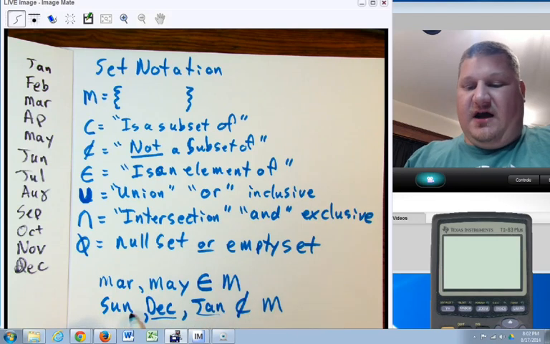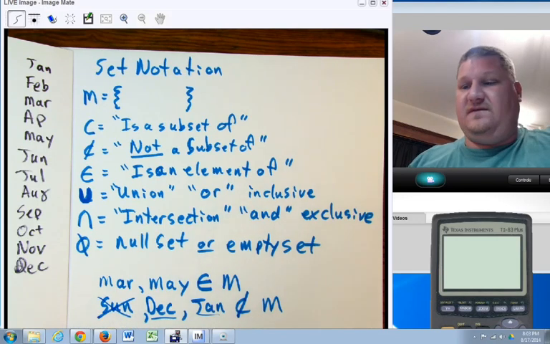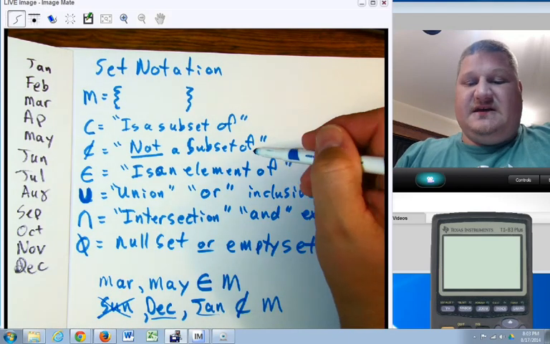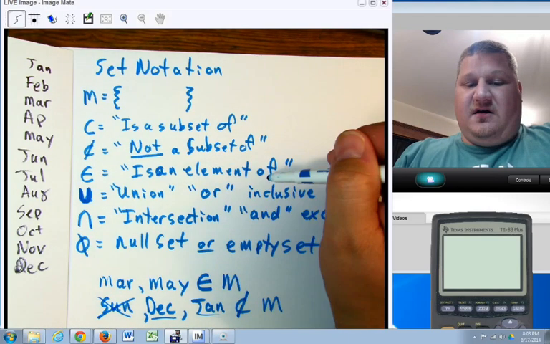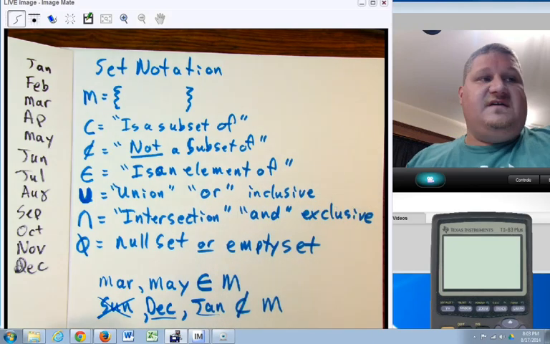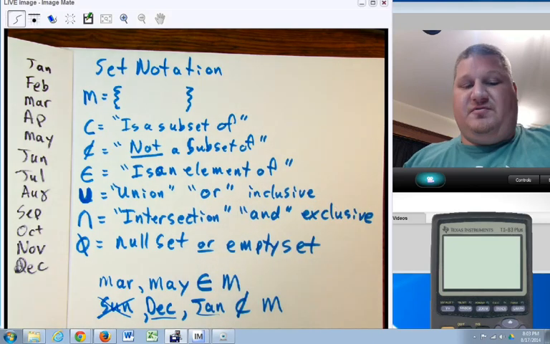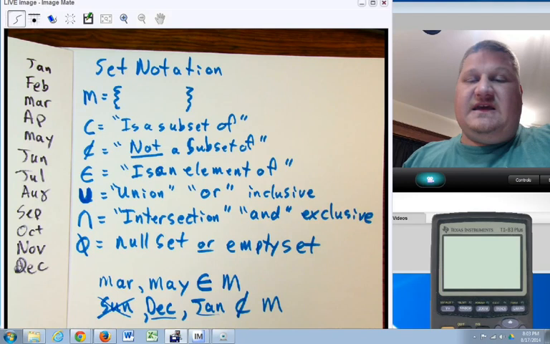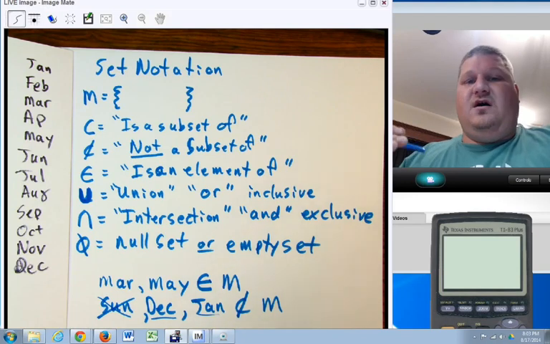Sunday is not an element of months. Now, so we have is a subset of, is not a subset of, is an element of. An element of asks, does this belong to a particular set? So, for example, is the number 4 an element of the evens? Yes. Is 17 an element of the evens? No.